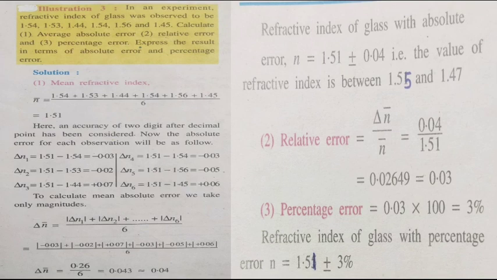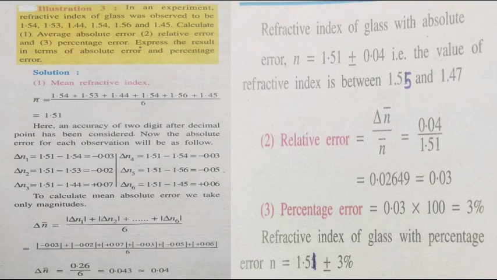Now we get the average absolute error or the mean absolute error. By taking only magnitude, delta n bar, the average absolute error, is equal to mode of delta n1 plus mode of delta n2 plus delta n3 plus delta n4 plus delta n5 plus delta n6 upon n. So delta n bar is equal to mode of minus 0.03 plus mode of minus 0.02 and so on upon 6.